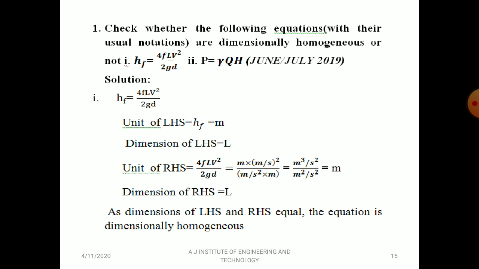So meter cube per second square divided by meter square per second square. So the remaining term is meter. So dimension of RHS is equal to L. As dimensions of LHS and RHS are both equal, this equation, hf equal to 4f L V square divided by 2gD, is dimensionally homogeneous.